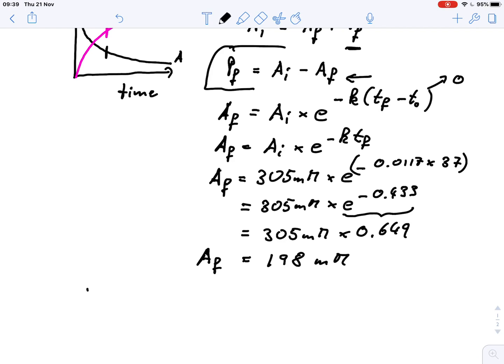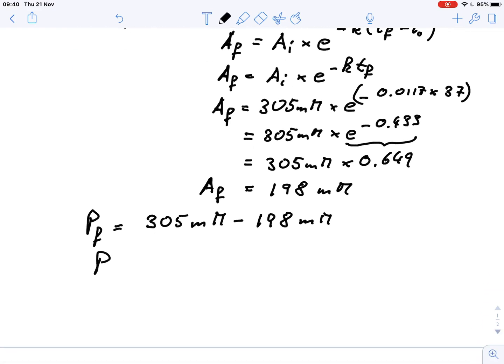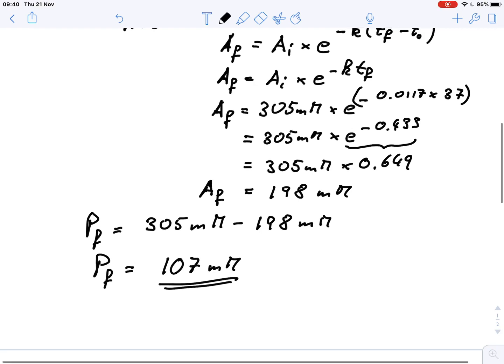Now that's our A final. Well, we want to know the P final. So for P final, we have our A initial, which was 305 millimolar, minus our A final, which we just calculated, which is 198 millimolar. And if we do this calculation, 305 minus 198, we get our P final concentration equals 107 millimolar.